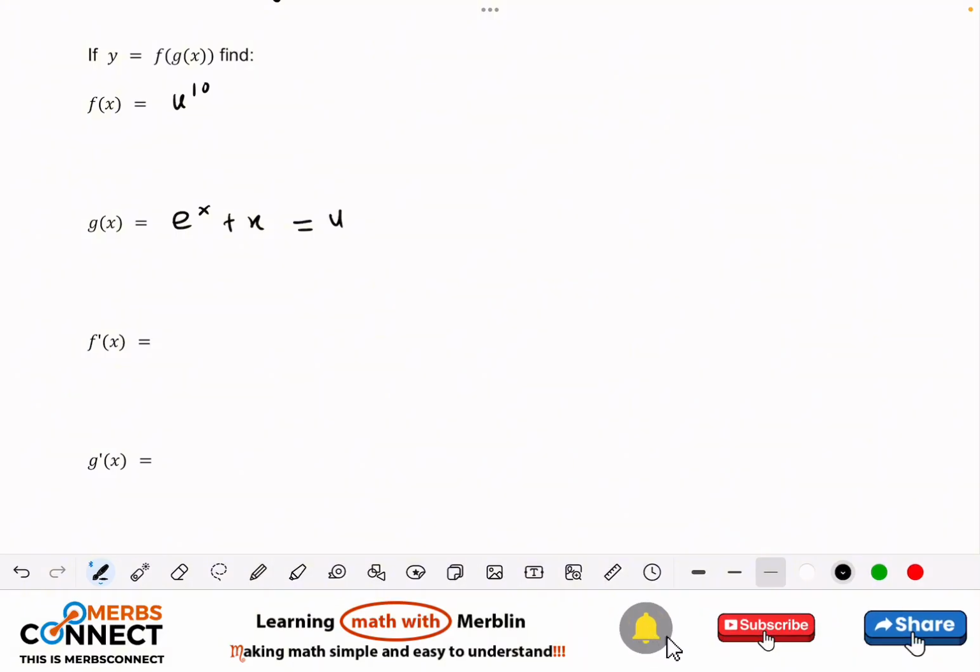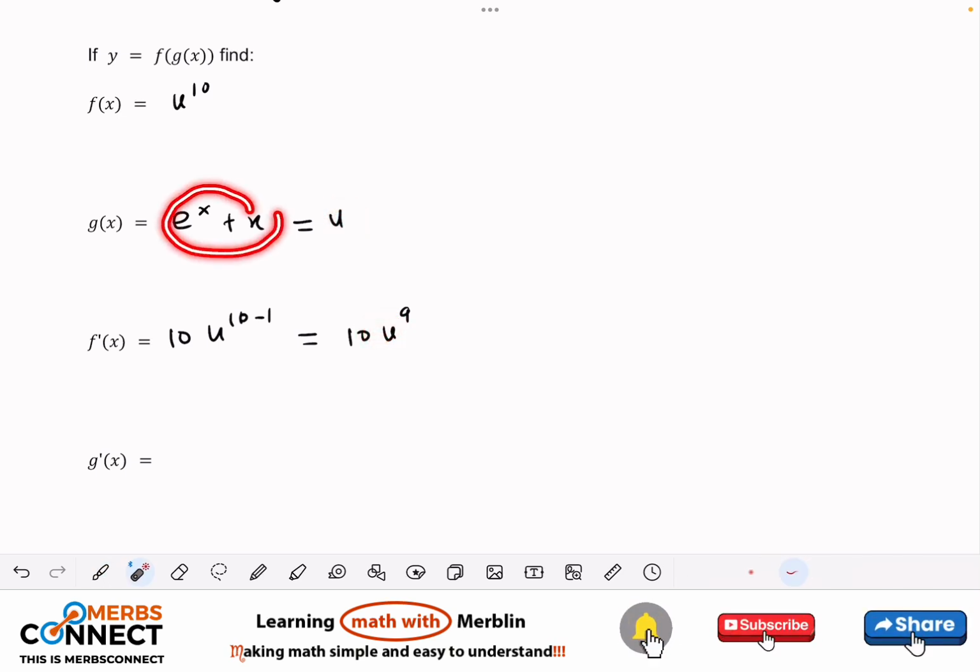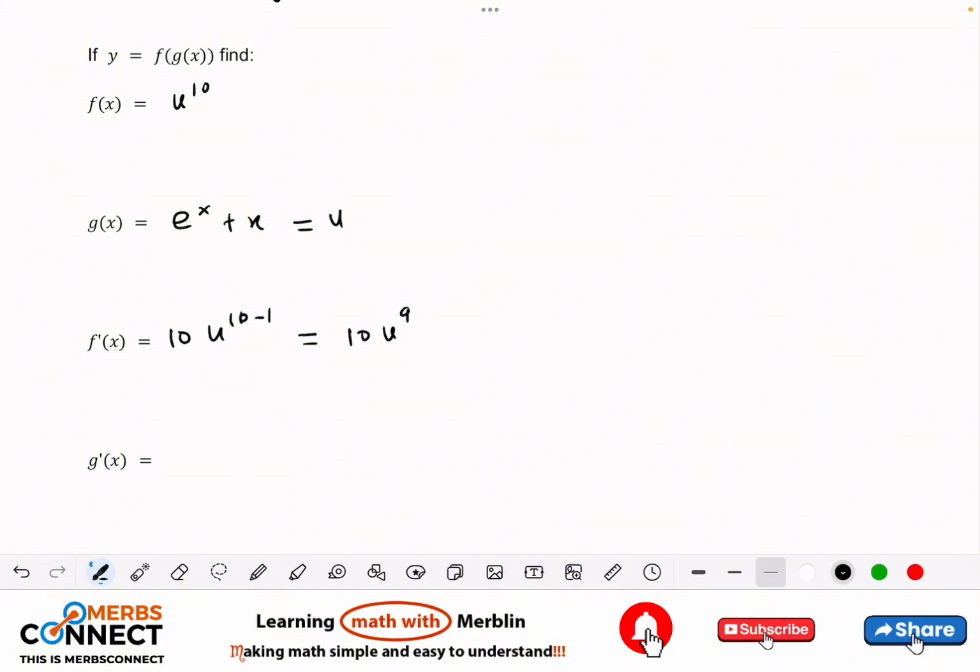Based on the power rule, 10 drops down, then I maintain u to the power 10, then I subtract 1, right? So this is going to be 10 u to the power 9. Now you ask yourself, what is u? U here is equal to e to the power x plus x. So I'm going to have something like 10 times e to the power x plus x, all to the power 9.